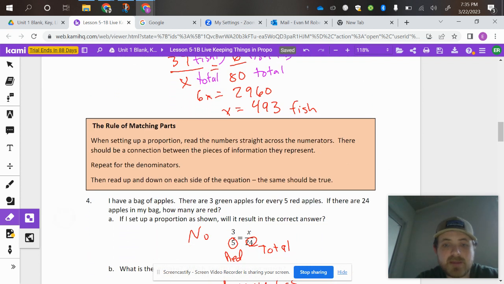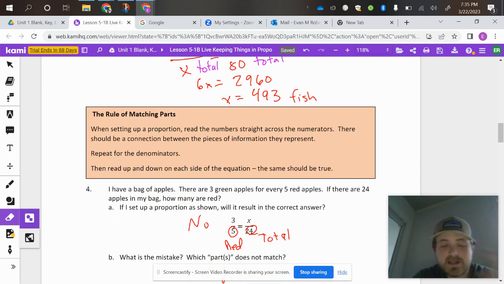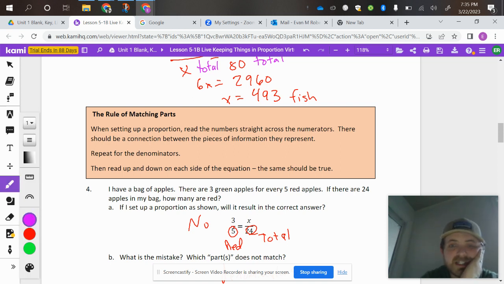So matching parts, looking here, when we have this proportion, the recommendation is to read the numbers straight across the numerators. There should be a connection, and I was kind of hitting at that in the above question. So if we have a bag of apples and there are 3 green for every red, and there's a total of 24 apples in the bag, how many are red?